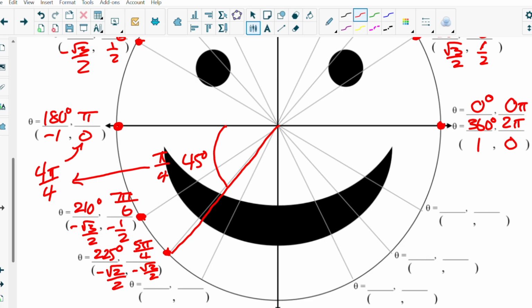So if I go halfway through the quadrantal angle, 45 degrees, that's pi over 4. I add that to 4 pi over 4, which is just pi. I get 5 pi over 4. So that's a quick and easy way to remember how I get 5 pi over 4.